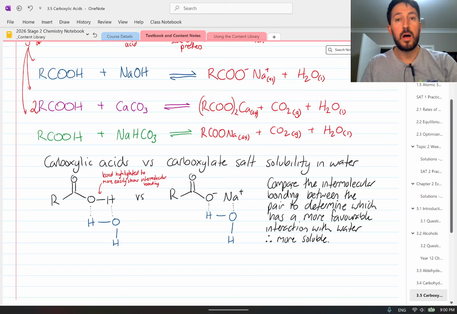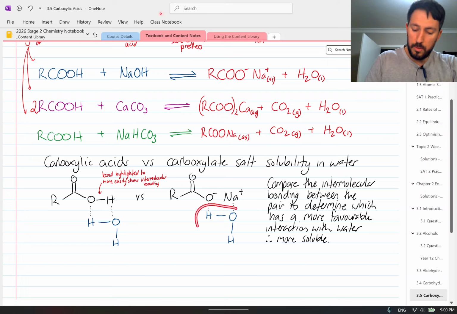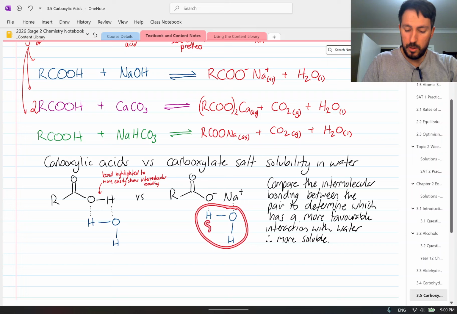But there are stronger intermolecular forces, and one of those is ion-dipole bonding. We have our water molecule, which has a polarity, so obviously our delta plus and our delta minus here.